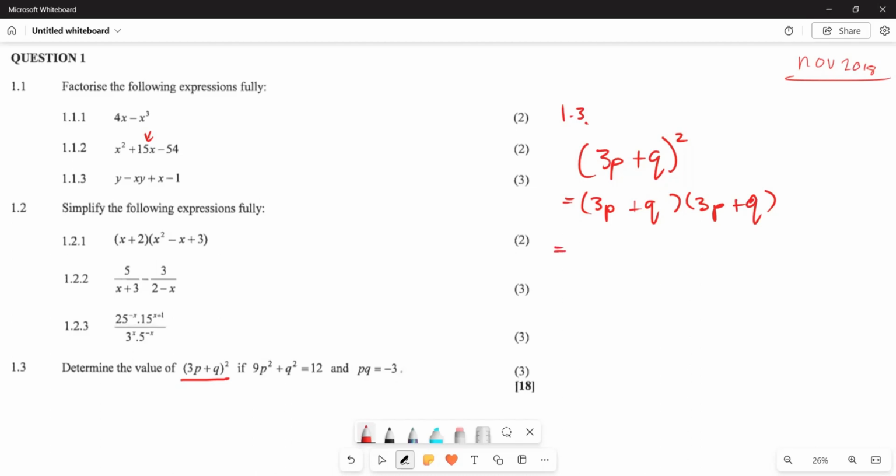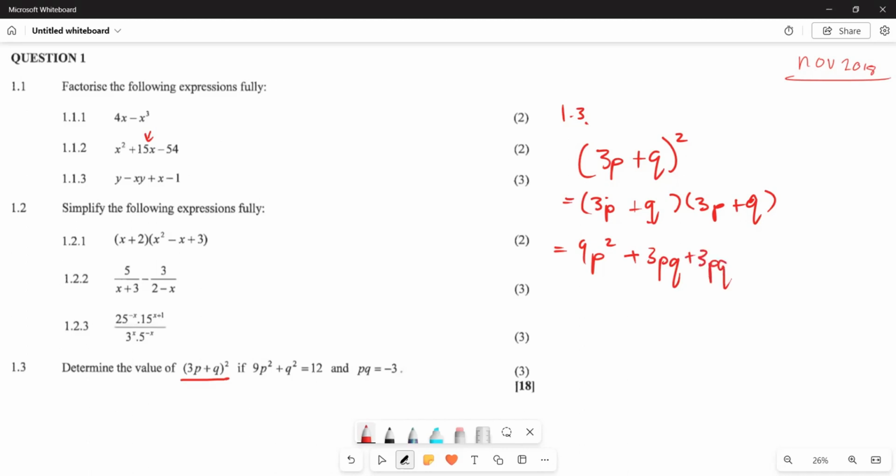And when you're solving that, when you say 3p multiplied by 3p, you're going to get 9p squared. Then 3p multiplied by the q is going to be 3pq, right? This is going to be plus 3pq. And this q again multiplied by the 3p is going to give you plus 3pq.